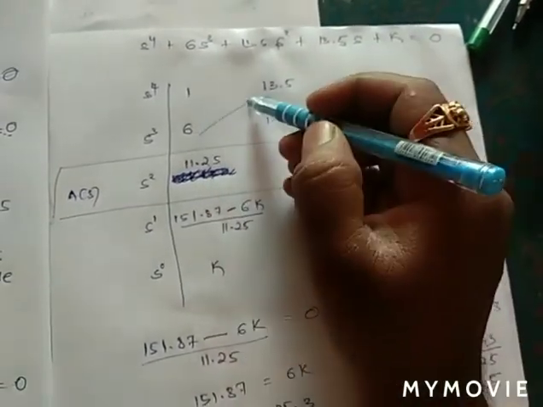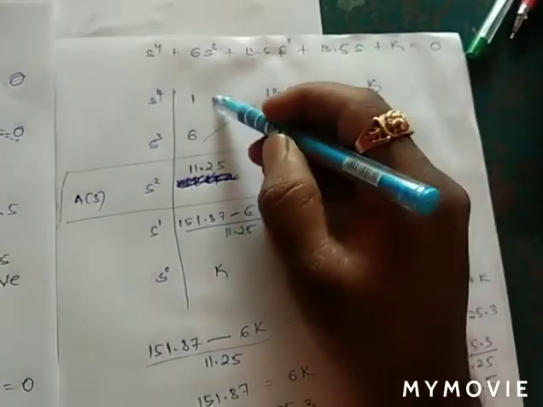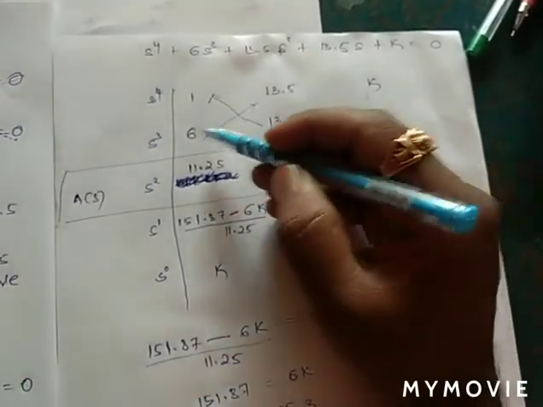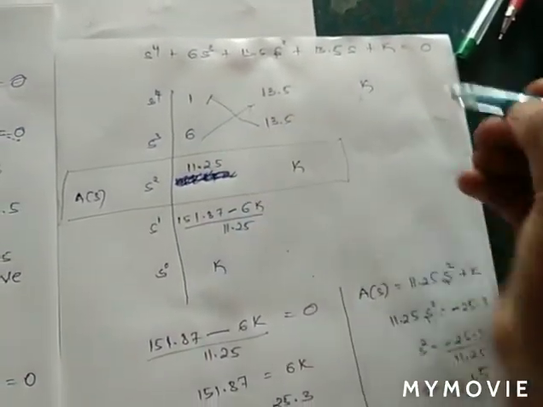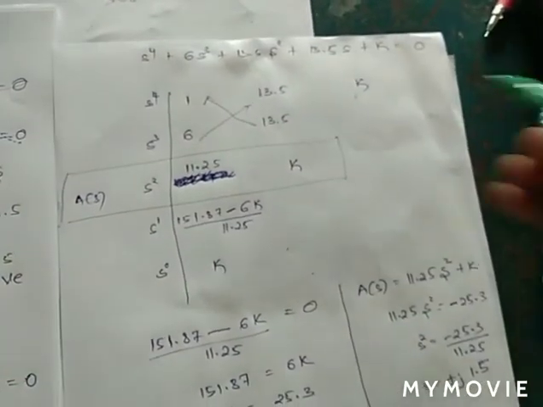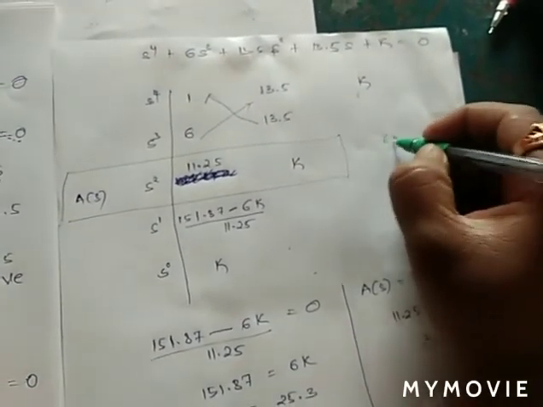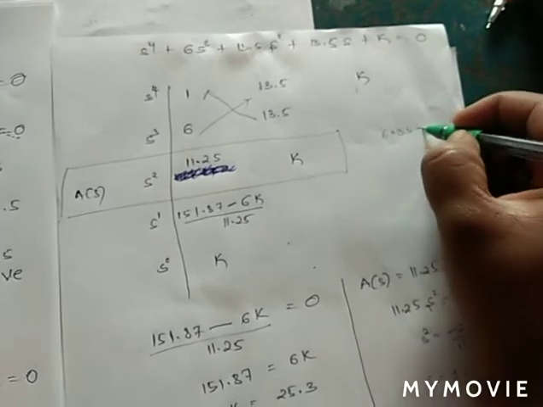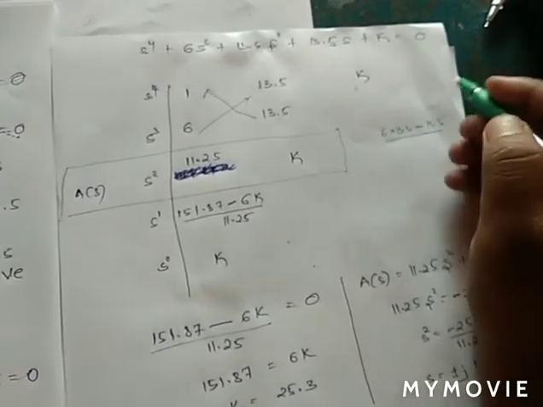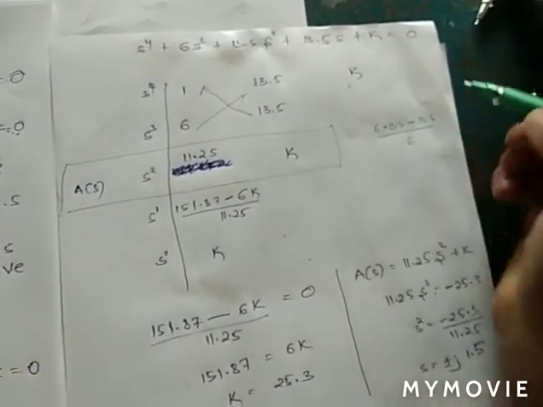So 6 into 13.5 minus 13.5 divided by 6, you will get 11.25. If you want, I will solve here. 6 into 13.5 minus 13.5 divided by 6.